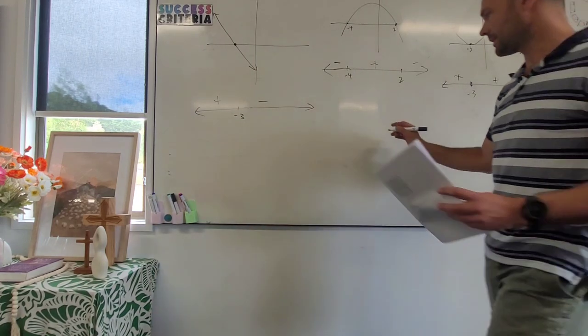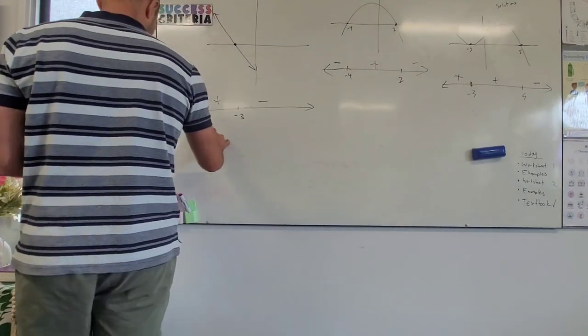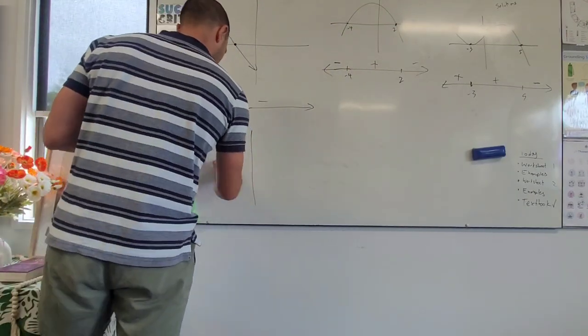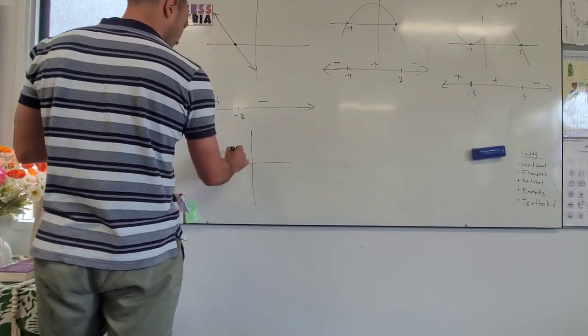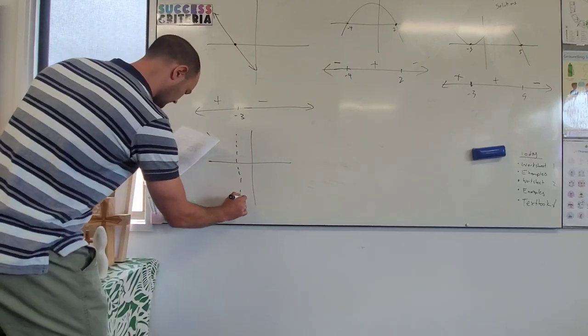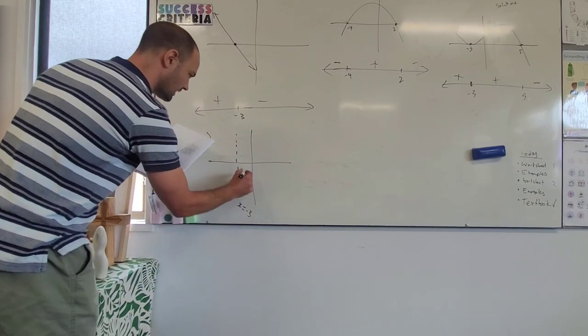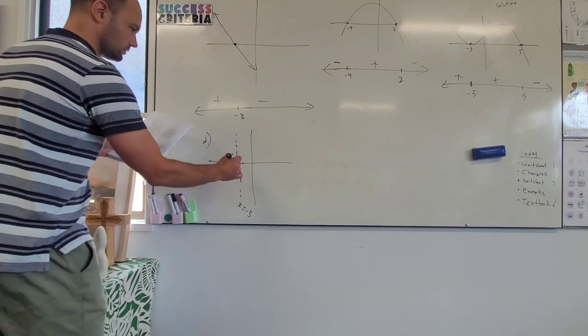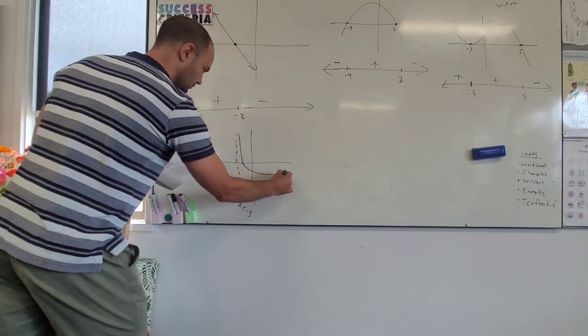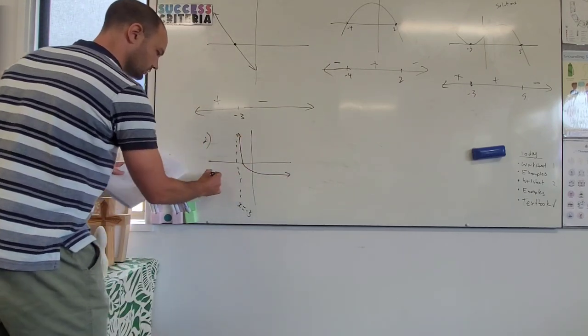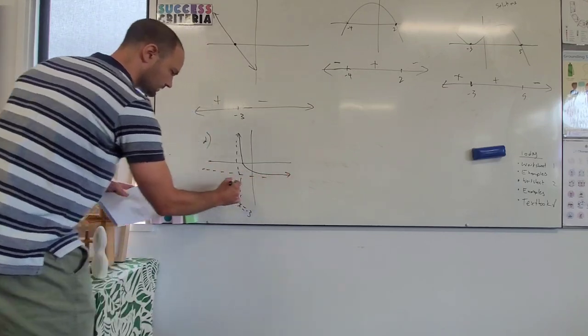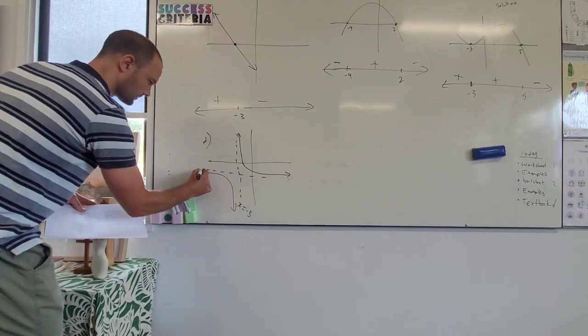Okay, in D, we have an asymptote. So we have a function like this with an asymptote at x is -3, and a root at x is -2. So the graph is looking like this. We do have another asymptote there, but that's not relevant for us.